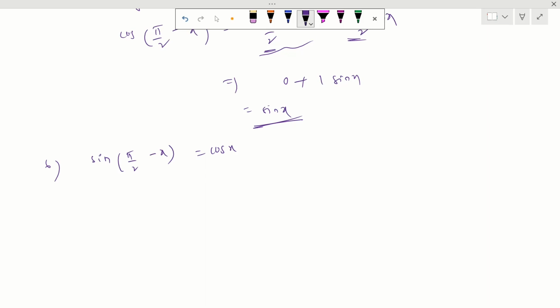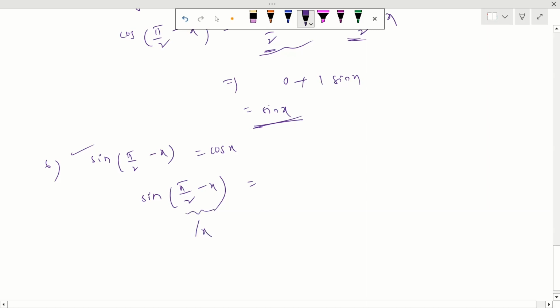We need to prove this one. How can I write sine of pi by 2 minus x? I can write this whole term as x.